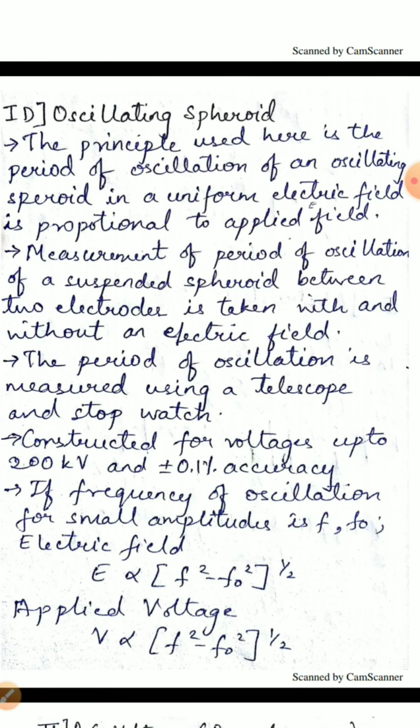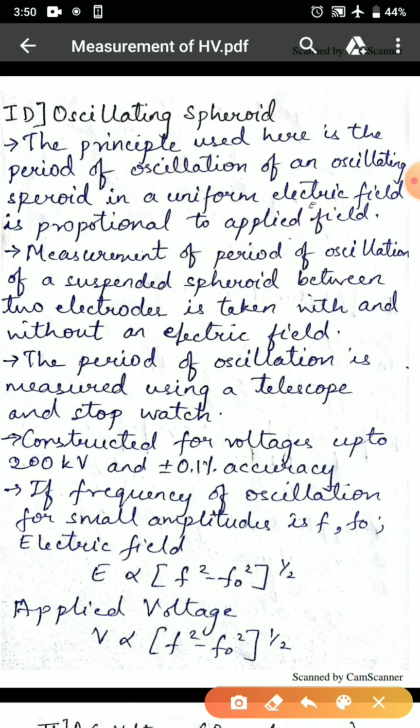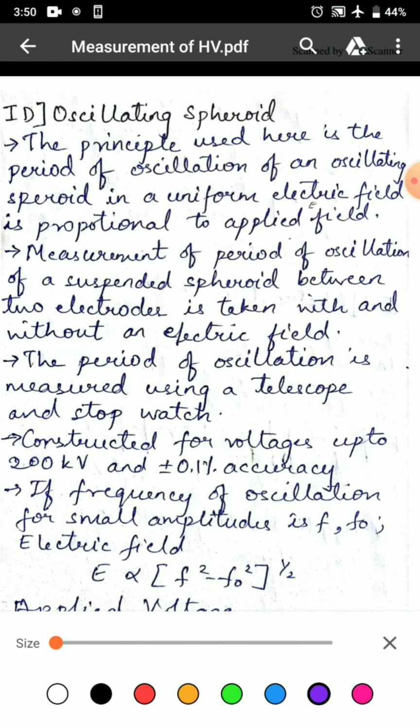Let us go to the fourth method of measuring high DC voltage, that is the oscillating spheroid. The principle used here is that the period of oscillation of an oscillating spheroid in a uniform electric field is proportional to the applied field.